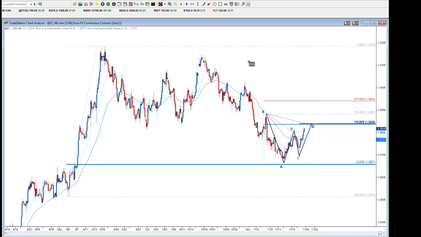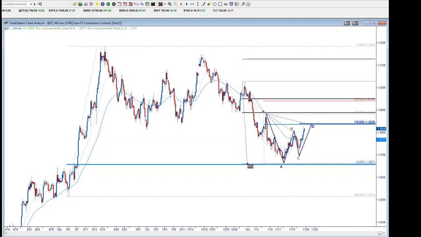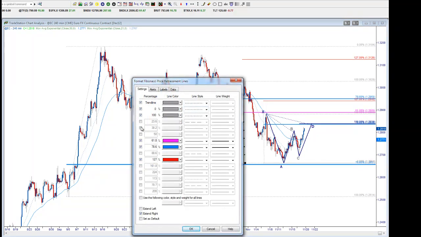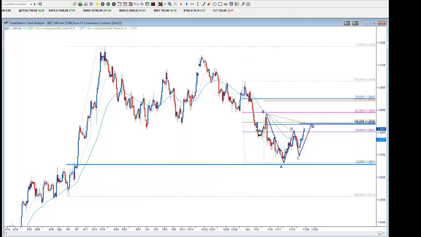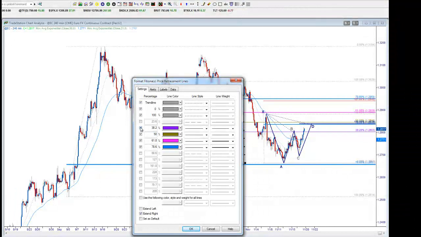But let's go ahead and try to nail that coffin shut anyway, just so you can see how it's done. Okay, so we want to look and see if these other swings offer us some confluent points with our major fibs. Well, it certainly looks like we've got a 50% right there, so let's leave that.